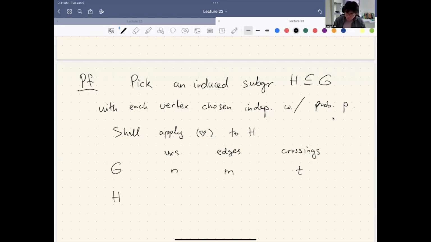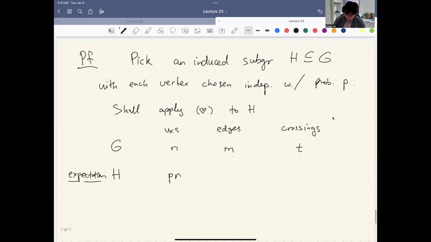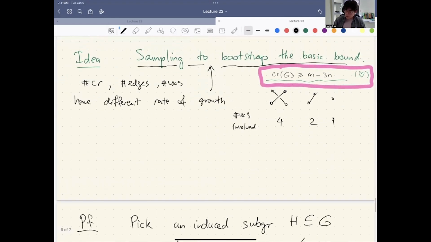Then in H, each vertex is retained with probability p. So there are pn vertices in expectation and p squared m edges. This is what I mean by different rate of growth, right?